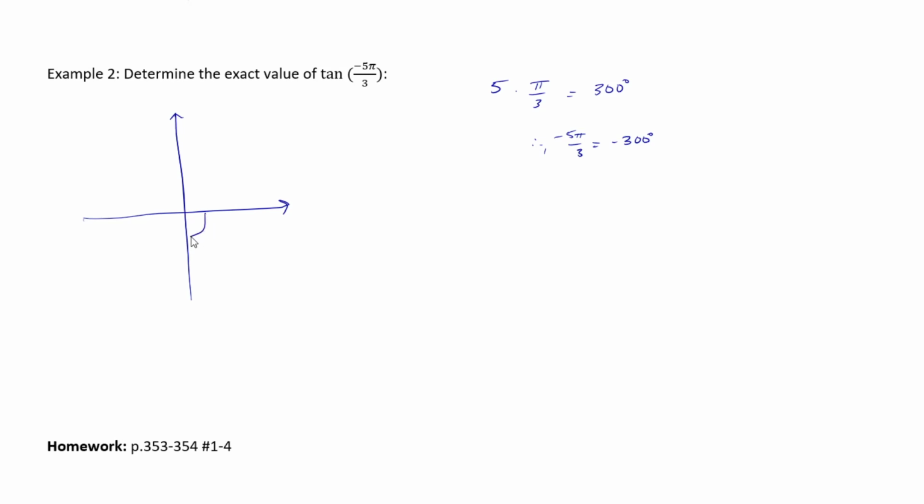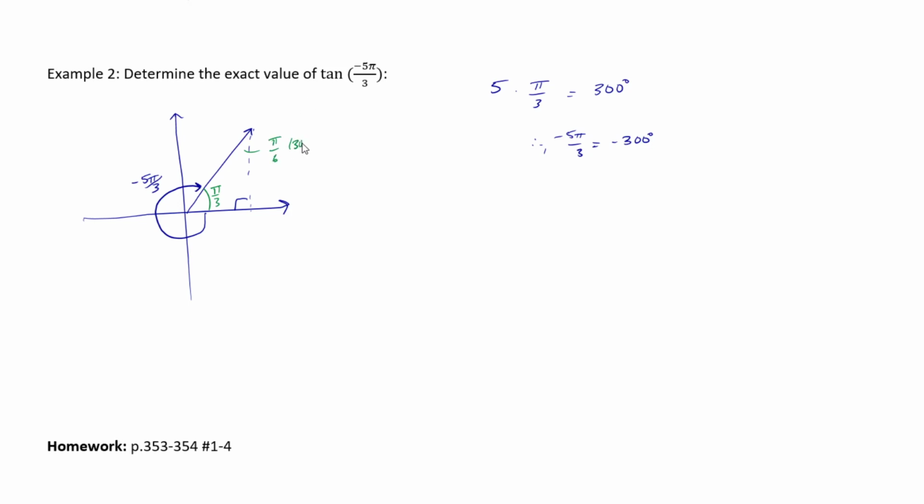So I go 300 degrees right here, okay? And so I'm going to write that as negative 5 pi over 3, and then I draw my terminal arm right here. Knowing that it's negative 300, that means that inside there, my related acute angle is going to be 60 degrees, so that means that's going to be pi over 3, which means that this angle right there is equal to pi over 6, okay?